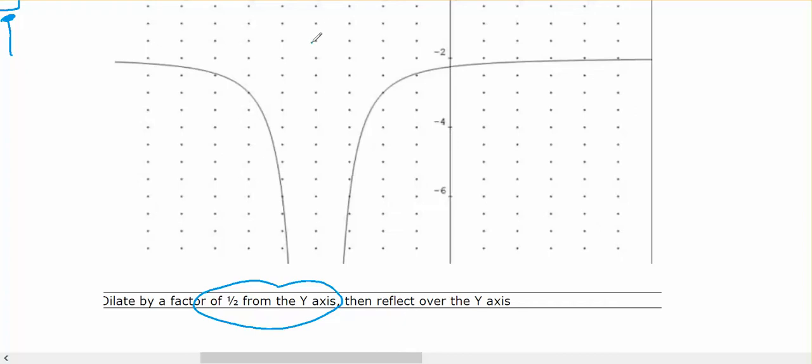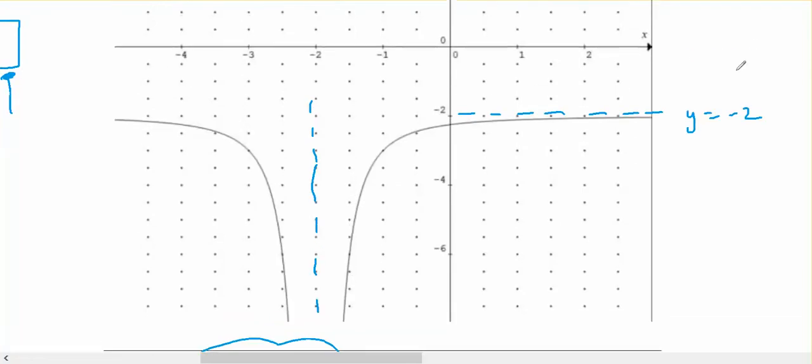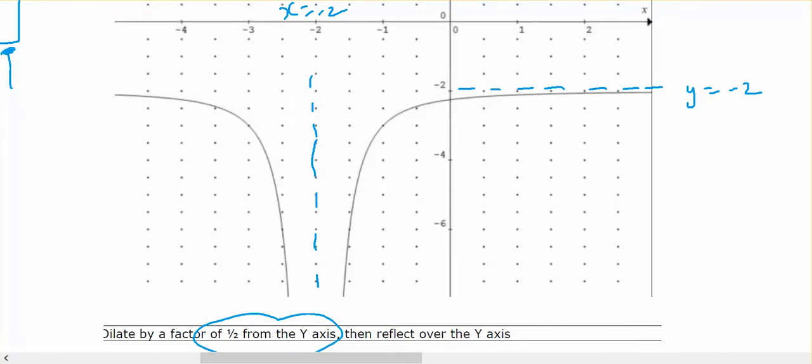Okay, I can see an asymptote here, and I can see an asymptote here, at y equals -2, and x equals -2. If I have a dilation by a factor of a half to the y-axis, then I'm going to squash everything towards the y-axis. That's going to stay exactly where it is.